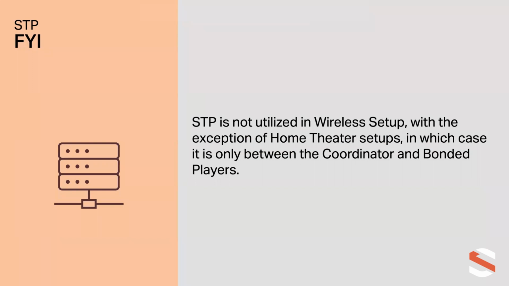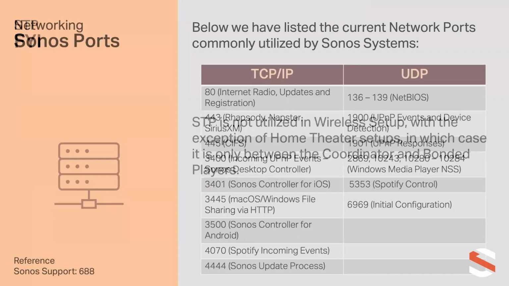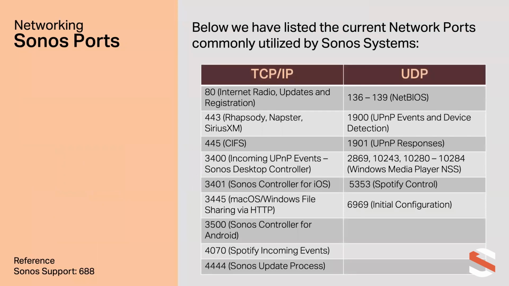Like if you're just running off of a mesh network, or just a standard single AP network, and you're not plugged into the router using SonosNet, STP on our end is not implemented at all. It only implements once SonosNet starts. So we recommend an unmanaged switch unless you need to use a managed switch. If you need to use a managed switch, then use those settings we just recommended to make sure it's configured properly.